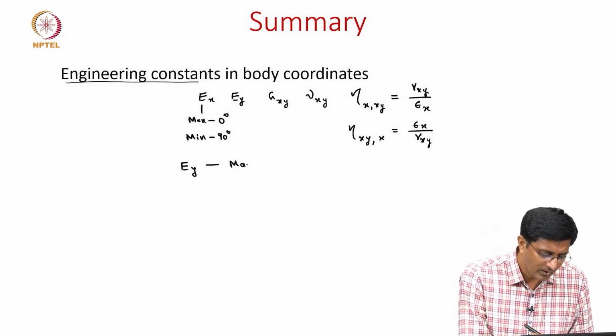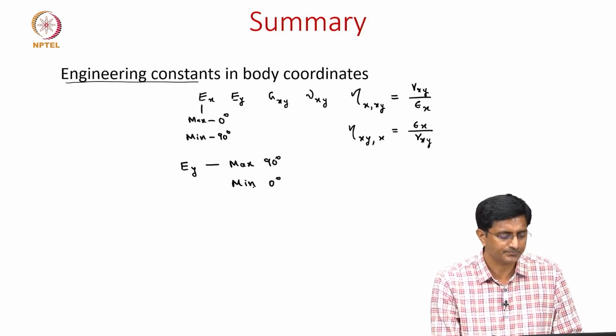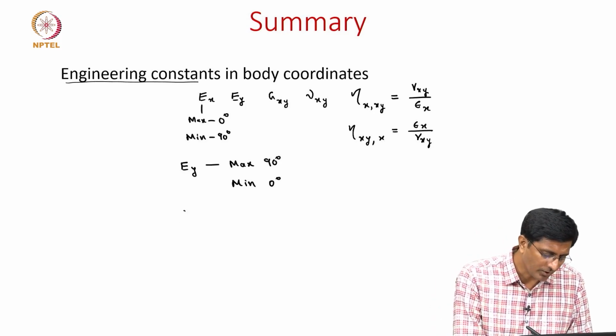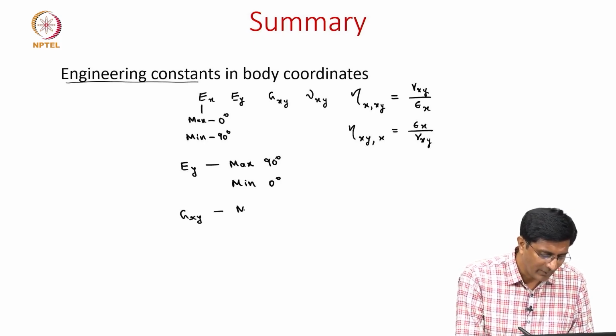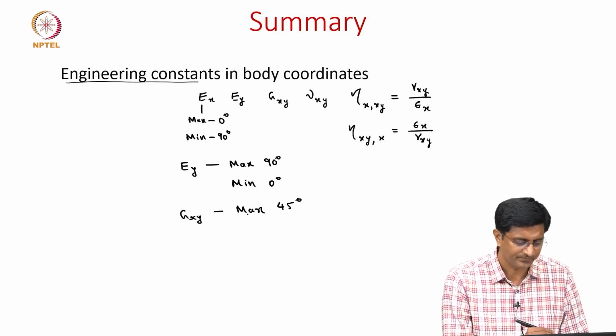The maximum value will be at 90-degree orientation and the minimum value will be at 0-degree orientation of the fibers. But more importantly, we have seen for the shear stiffness, the maximum occurs at an angle of 45 degrees.